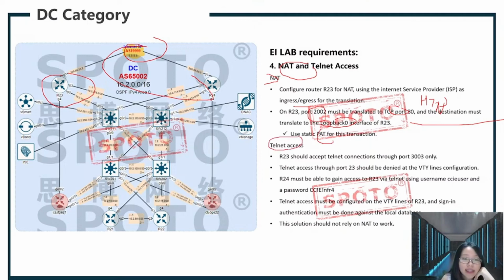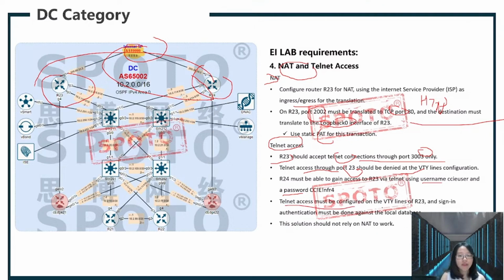For telnet access, router 23 should accept telnet connections through this port. Telnet access through port 23 should be denied in the VTY lines configuration, and router 24 must be able to gain access to router 23 via telnet using username and password.